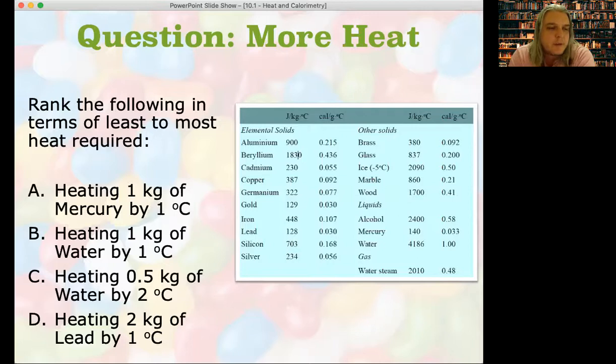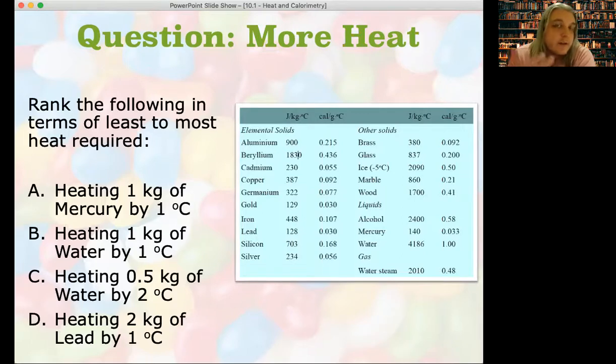And now we have to think about C. We've got half a kilo of water and 2 degrees Celsius. Now think about specific heat capacity. It's saying how much energy per kilogram per Kelvin. If we've got 1 kilogram and we go up by 1 Kelvin, that'll need 4,186 joules. But if we halve the amount of water and still give it that same amount of energy, it would go up by 2 Kelvin instead.